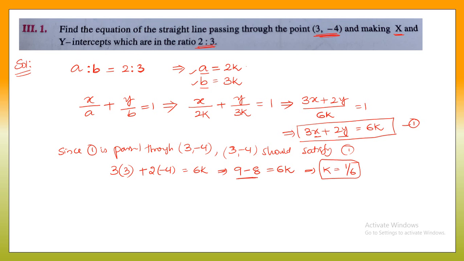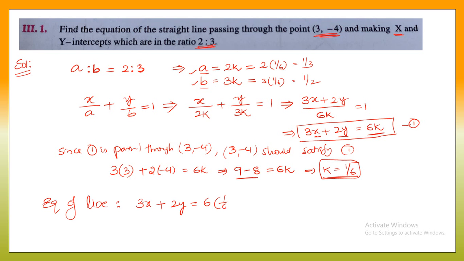From this we can directly get the values of a and b, no? So what is a here? 2 times 1 by 6, which is nothing but 1 by 3. 3 times 1 by 6 is nothing but 1 by 2. Now since I got the value of k, I can directly substitute in equation number 1. So the equation of line is 3x plus 2y is equal to 6 times 1 by 6.